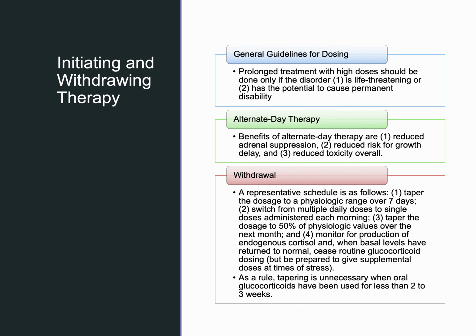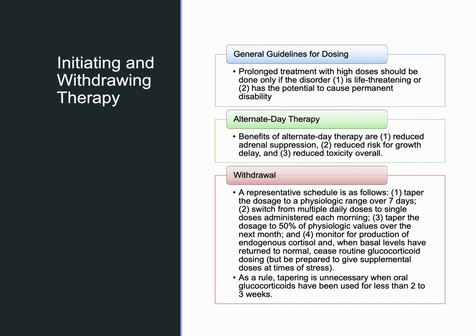Somebody that is on a glucocorticoid for a long time in high doses usually needs to taper the dosage to a physiologic range over 7 days, meaning that over the course of 7 days, we are bringing it from high dose pharmacologic treatment to low dose physiologic treatment within a week.